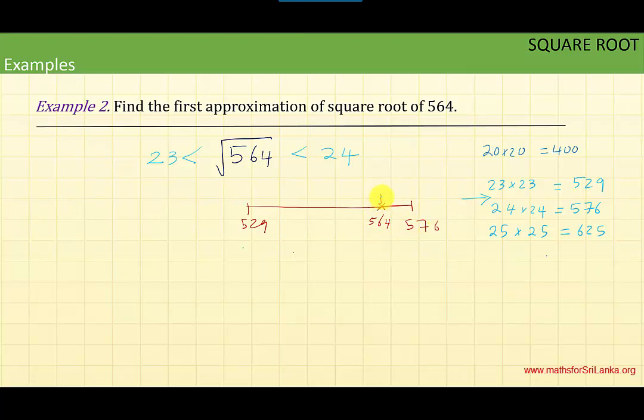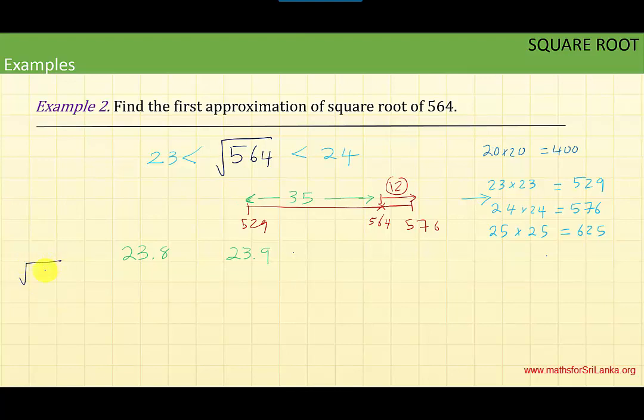But to get a better feeling, we can look at the distance. 576 minus 564, I got 12. 529 to 564, I got 35. So it's close to 576, or 24. So we don't know, it might be 23.8 most probably, or maybe 23.9. Let's check these two first and go from there.